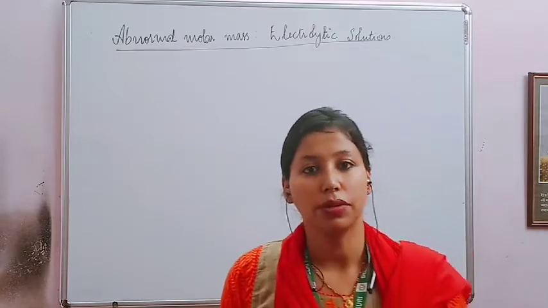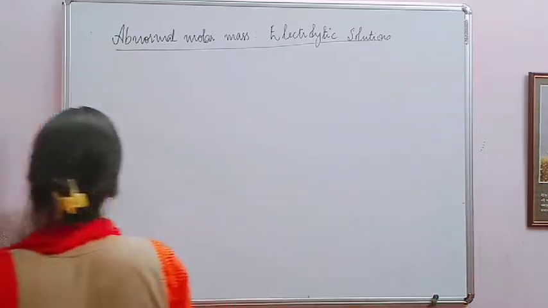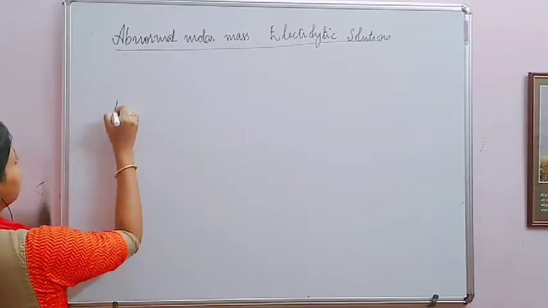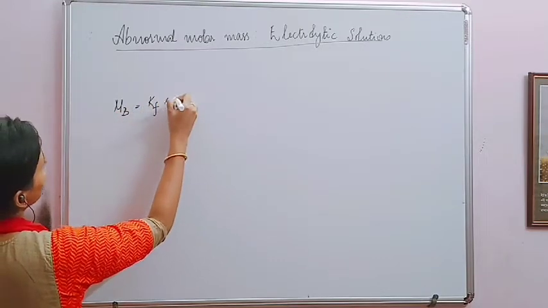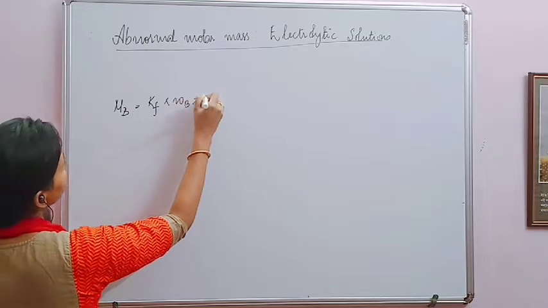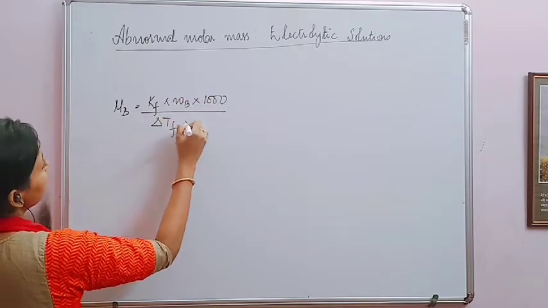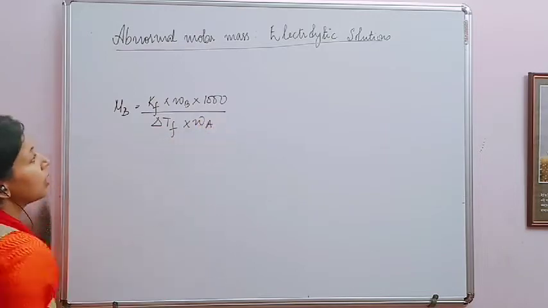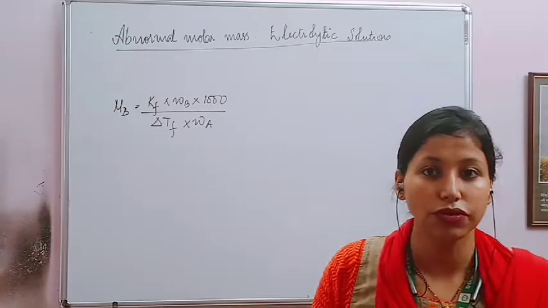For whatever colligative property we studied, we derived a relationship. For example, Mb is equal to Kf into Wb into 1000 divided by delta Tf into Wa. This kind of relation we have used for finding molar mass of solutes.